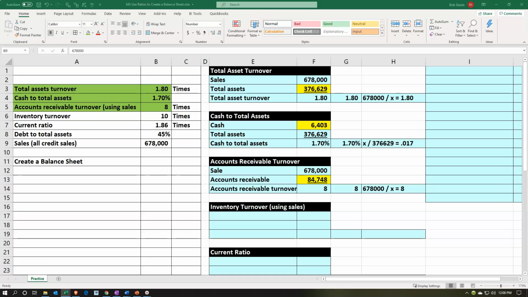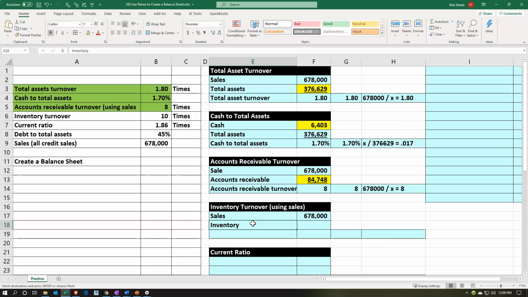Inventory turnover can be calculated starting with sales, or it might be using cost of goods sold. Remember that you could have a difference between those two. We're using sales here. It depends on the context of the problem that you are working on, so be careful with that. We're going to divide it by the inventory. Remember, with these turnover ratios we're comparing an income statement account and a balance sheet account, so there are timing differences between those two financial statements.